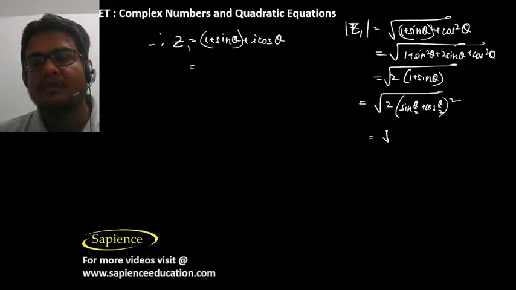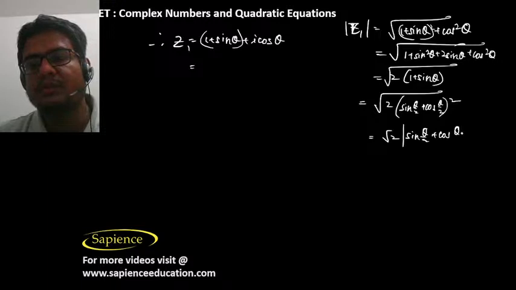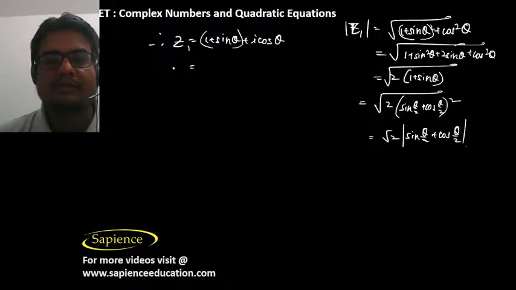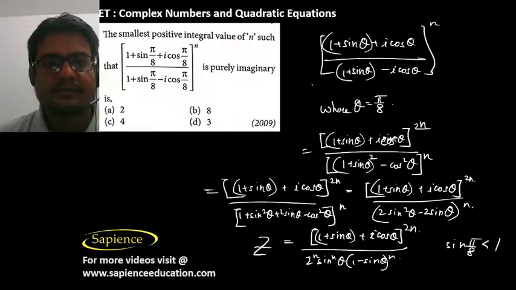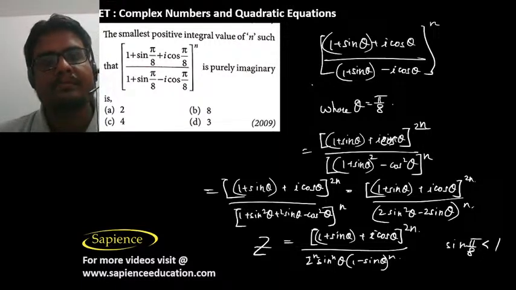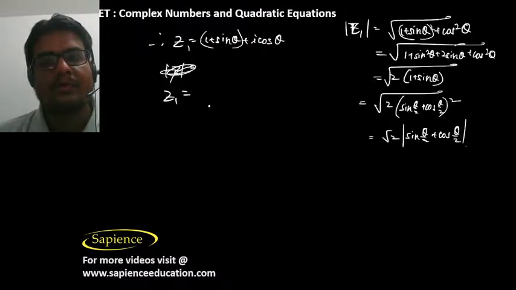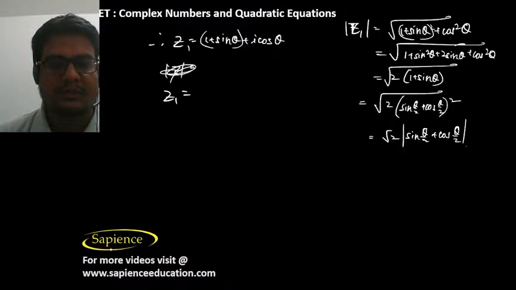So this will be root 2 into (sine theta by 2 plus cos theta by 2). So mod of z1. So z1, okay, but suppose there is some mistake here.